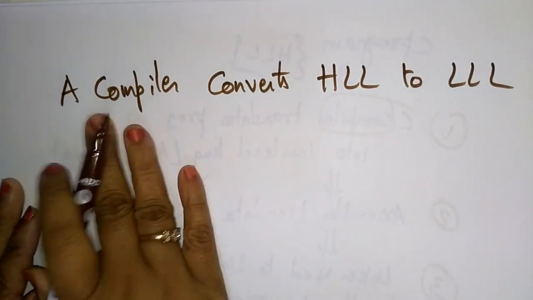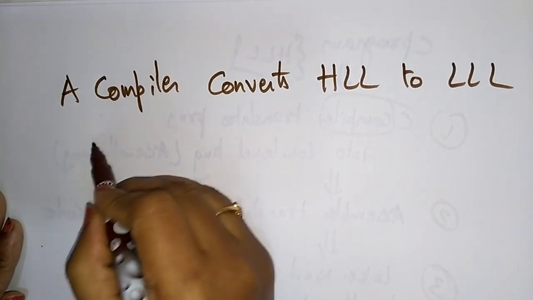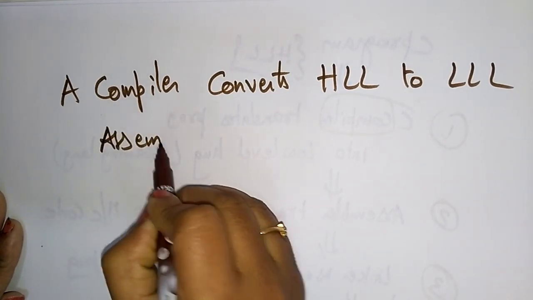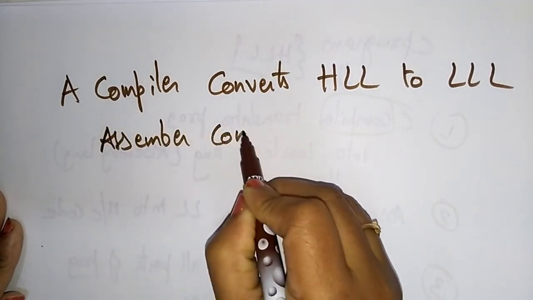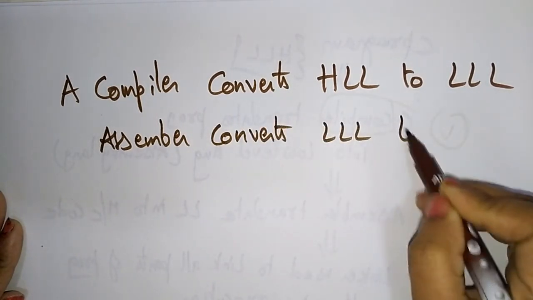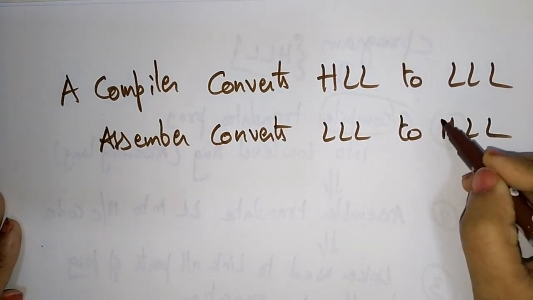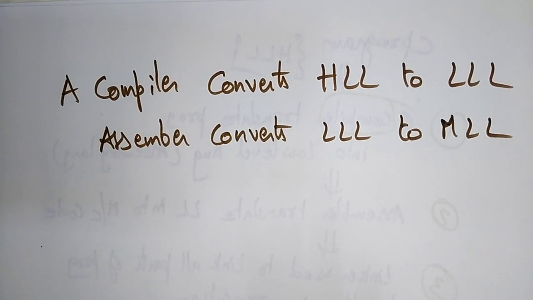Don't be confused. The compiler converts high level language to low level language, and the assembler converts low level language to machine level language.